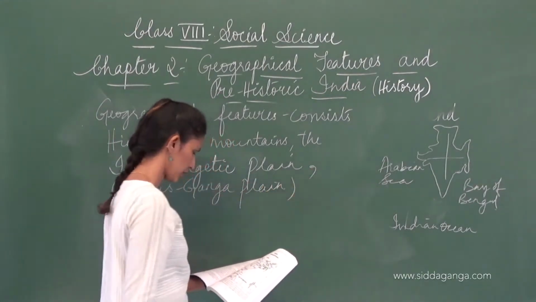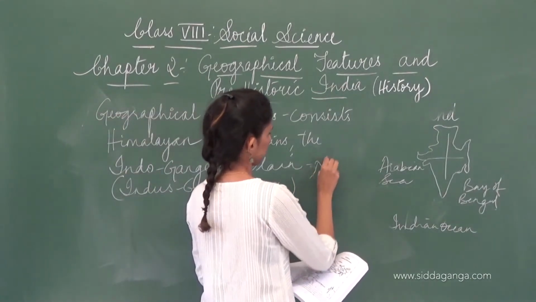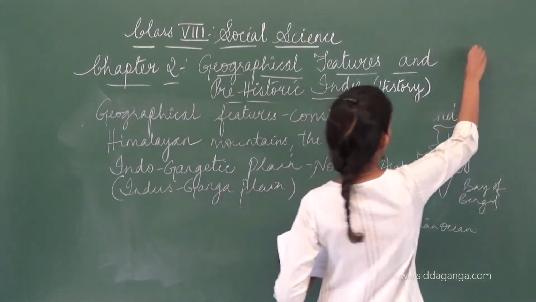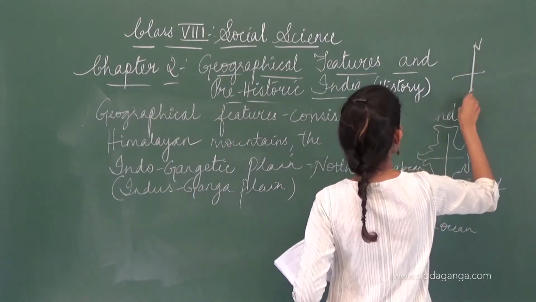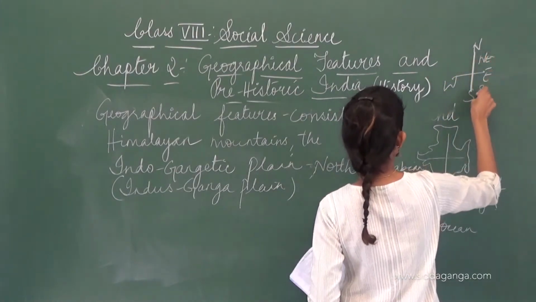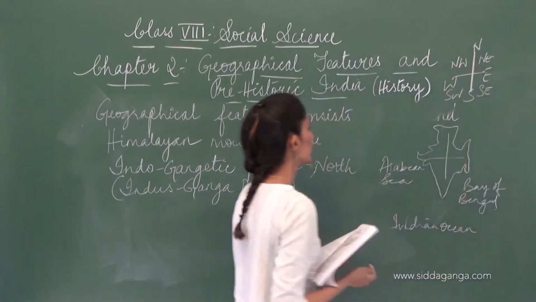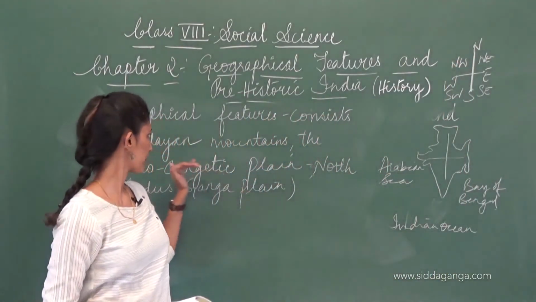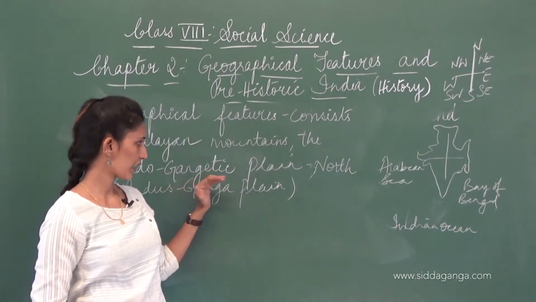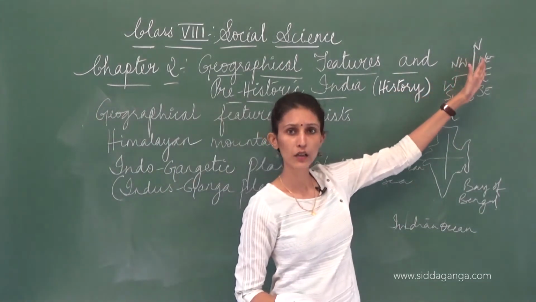Okay, this is in the north. Now understand this much. It has the Himalayan mountains, and the Indo-Gangetic plain or the Indus-Ganga plain, in the north.